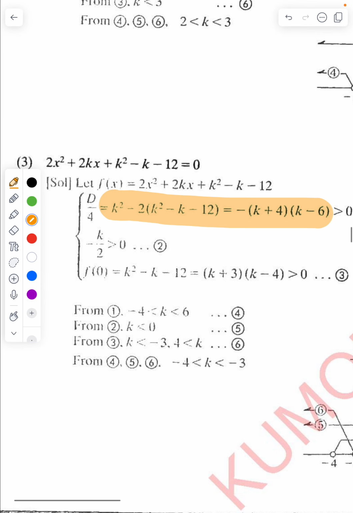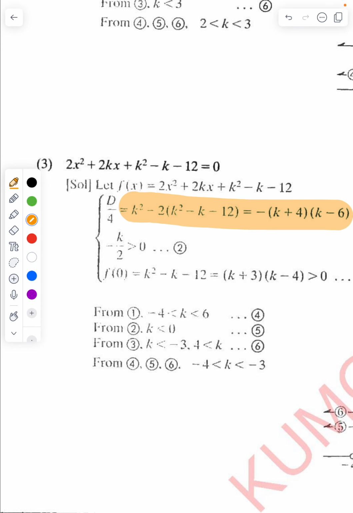It's quite obvious. This is going to be our B, this is going to be our A, and this whole thing here is going to be C. So our B prime is going to be K because the B is 2K. Just as a review, B prime is basically equal to B over 2, and only if it's an even number. So that's how we use D over 4 in this case.